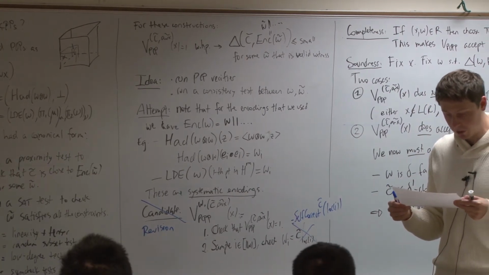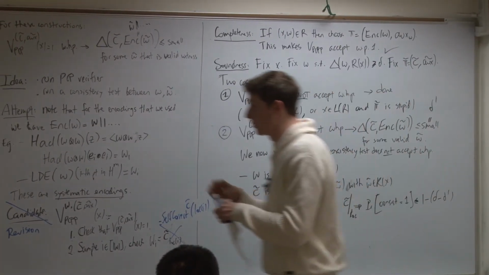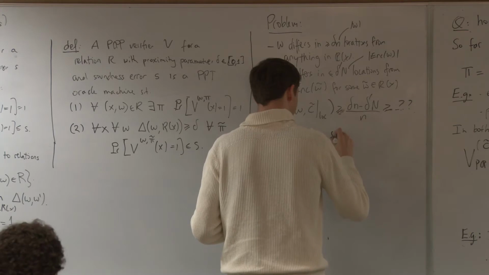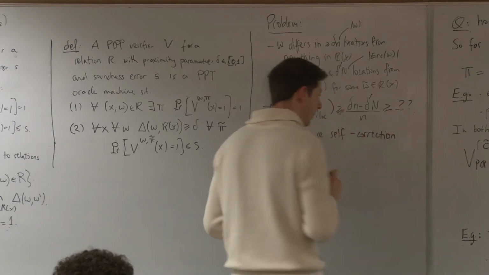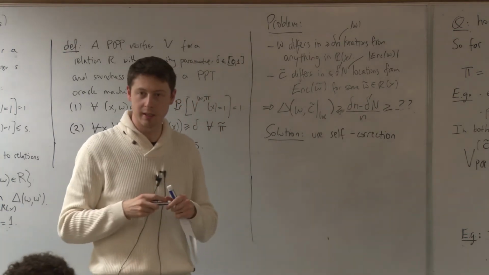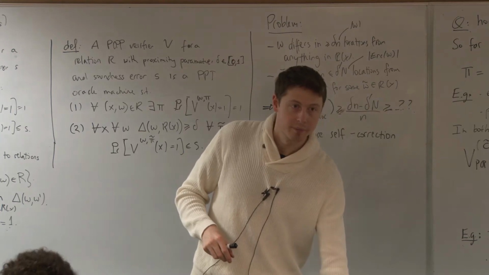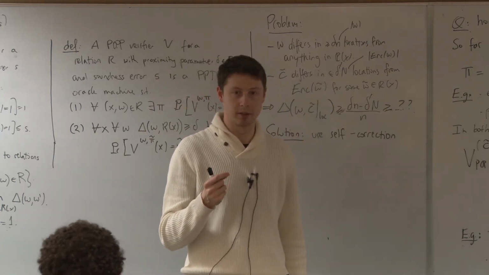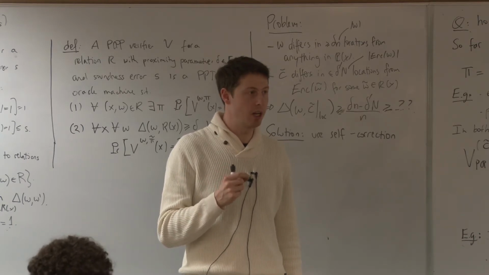So now the soundness analysis, okay, so the solution is self-correct. Use self-correction. By the way, we actually don't quite need the full power of self-correction. We only need something slightly weaker. Self-correction says that we can correct any location of the code word, whereas all we really care about is recovering locations of the message.